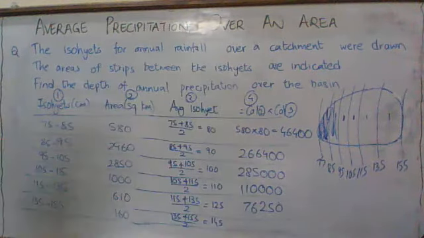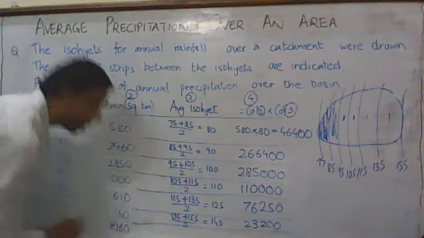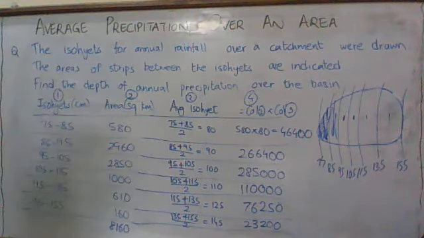Now, in order to find out the average precipitation, you will have to calculate the total sum of the area as well. So 580 plus 2960 plus 2850 plus 1000 plus 610 plus 160. It comes out to 8160.